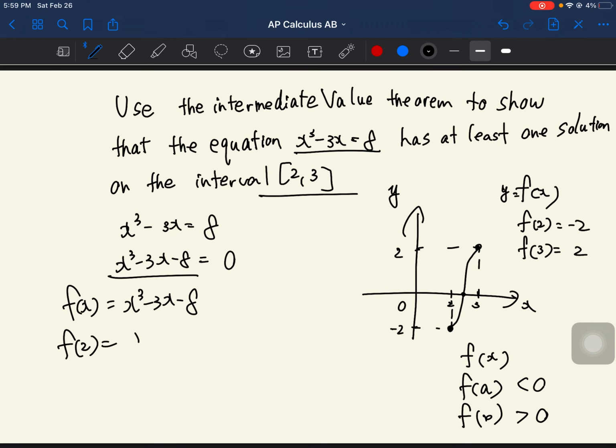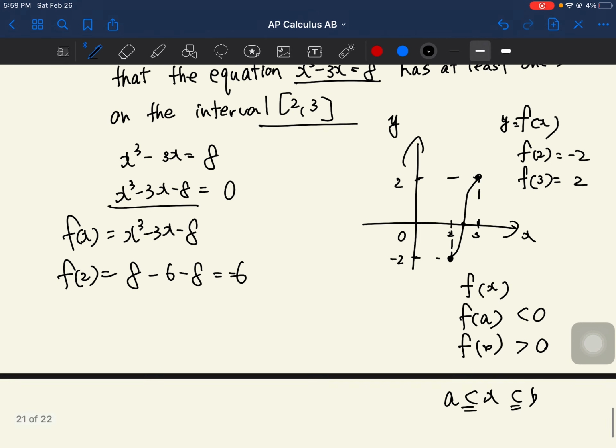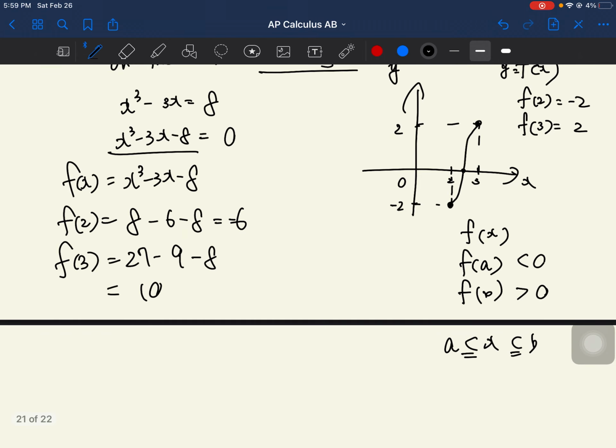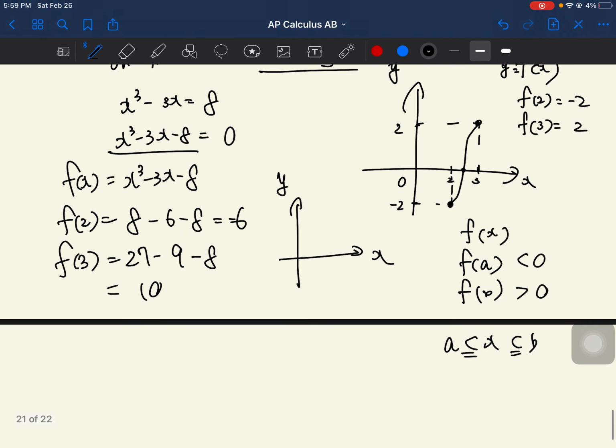So let's find the value of f of 2 first, which is 8 minus 6 minus 8, which is negative 6. And f of 3, which is 27 minus 9 minus 8, which is 10. So the graph is going to be: f of 2 is negative 6 and f of 3 is 10.